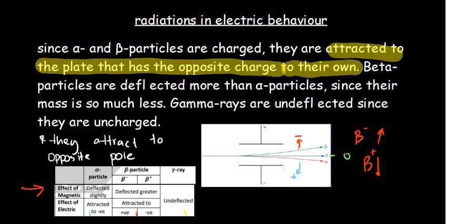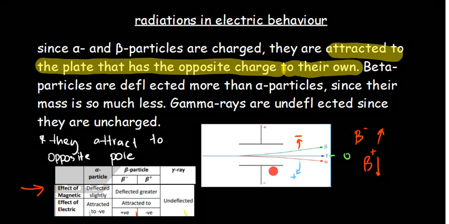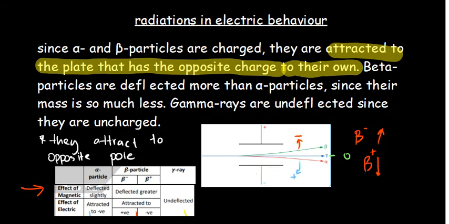Gamma ray has 0 charge, so it's not going to go to positive or negative, it's just going to keep going straight. Now, beta particles come in 2 types: a negative beta particle and a positive beta particle. The positive beta particle will go down as well because they produce positrons. Positrons are positive electrons, so they will go down to the negative because they're positive.